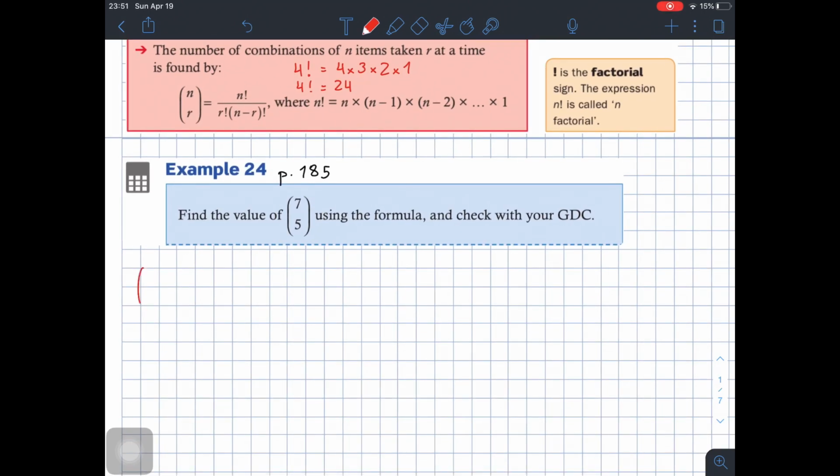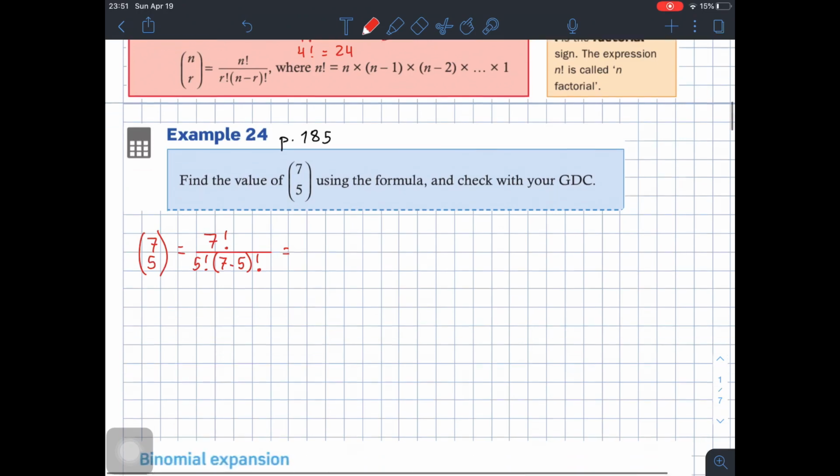So if we pay attention to the formula, it says that 7 items taken 5 at a time should equal 7 factorial over 5 factorial times n minus r, that's 7 minus 5 factorial. That's the formula, okay? So how do we calculate this?